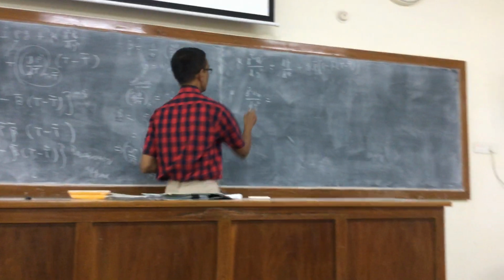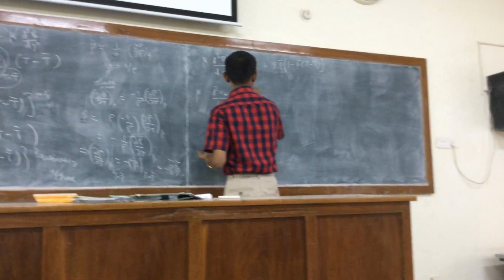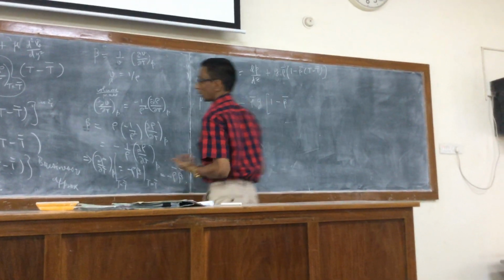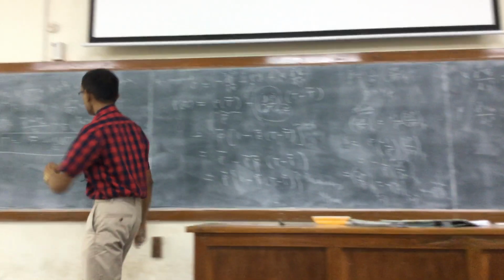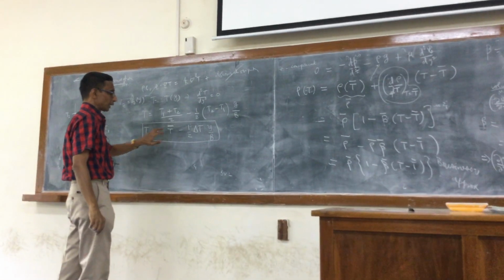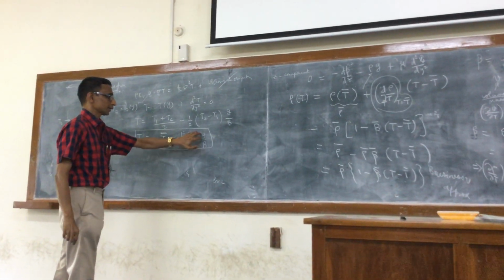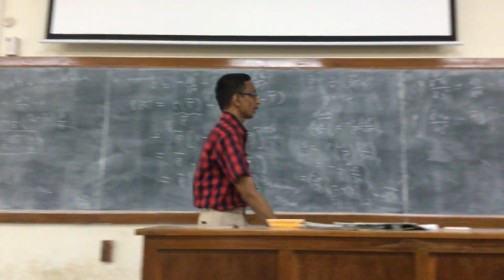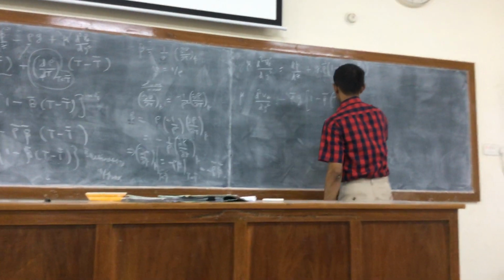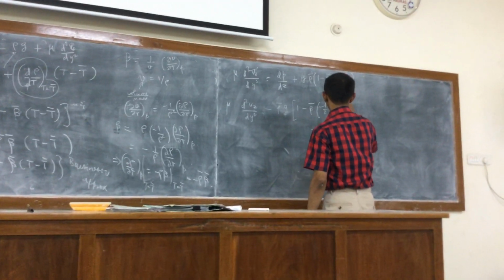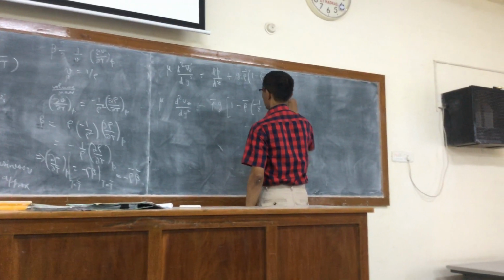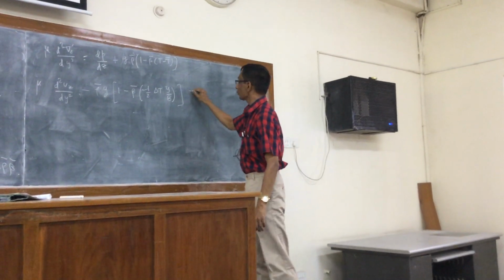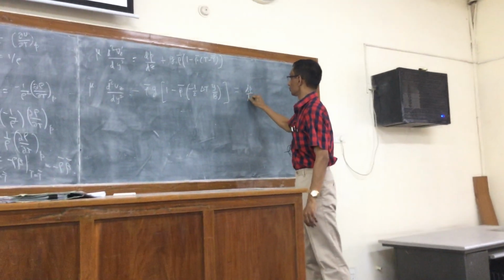So this would be minus rho bar g times 1 minus beta bar, and then t minus t bar is minus half delta t y by d, right? Minus half. So is equal to dp by dz.